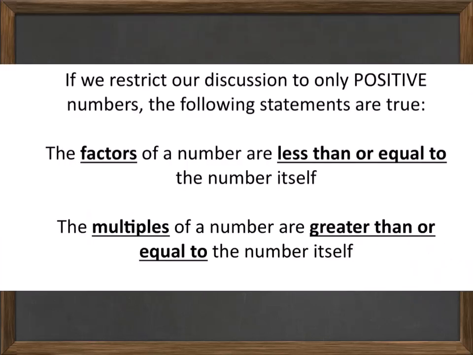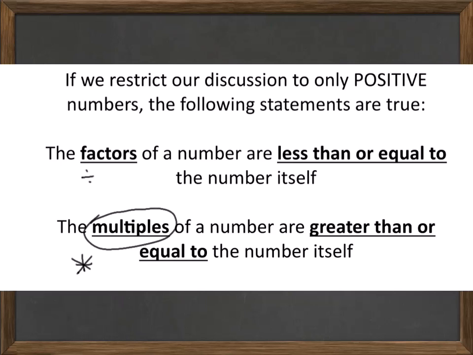So, to review, first we've learned that the factors of a number are less than or equal to the number itself, while the multiples are greater than or equal to the number. And again, this makes sense because we get the factors by dividing. When we divide by integers, by whole numbers, that makes numbers smaller, right? We get multiples by multiplication.